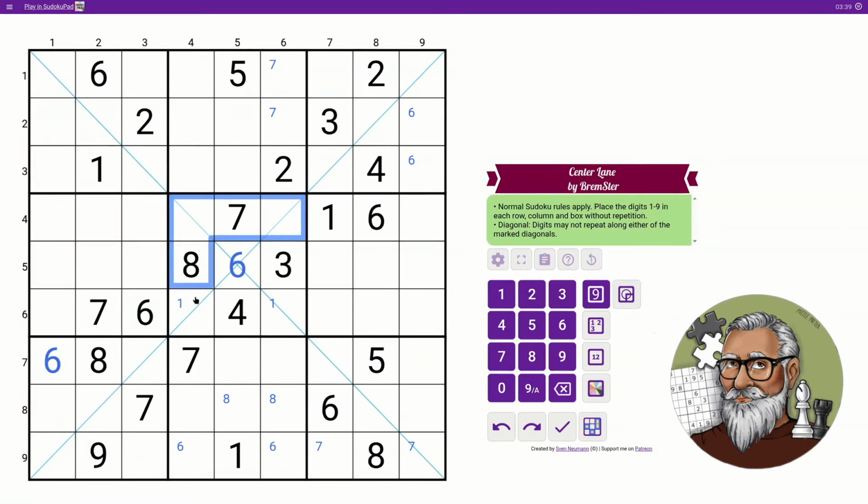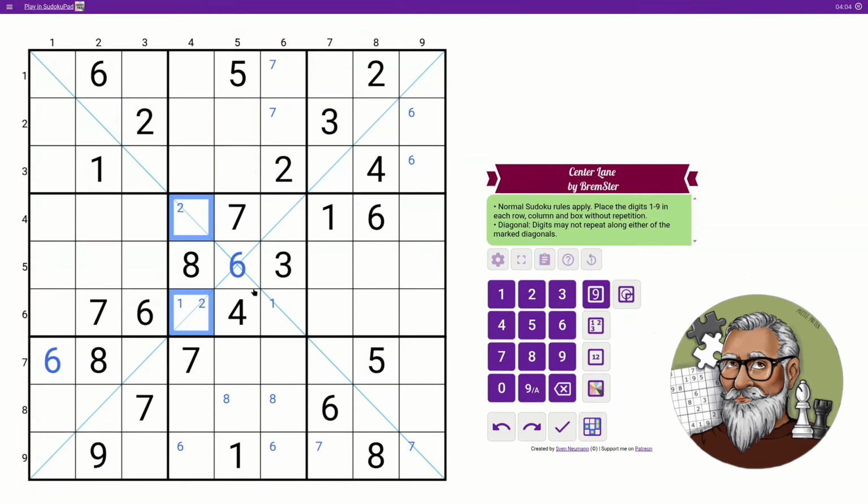So what am I still missing in box number 5? I'm missing, well, the one that's pencil marked. 2, right? Can't have 2 in any of these two cells because of this 2. So one of these has to be 2. And then 5. Can I eliminate 5 from anywhere? No. 9.